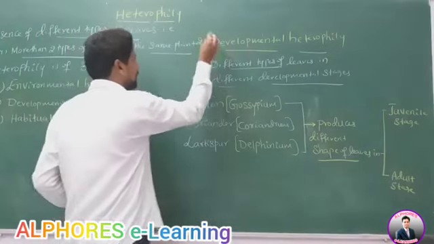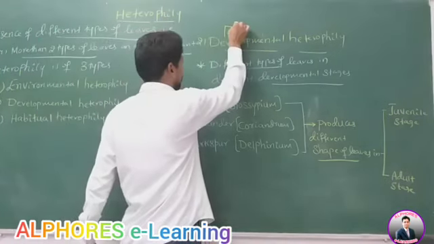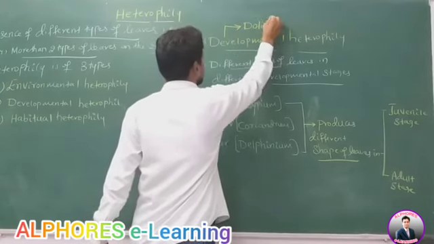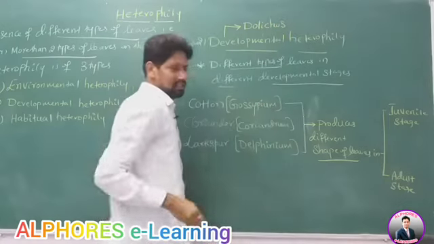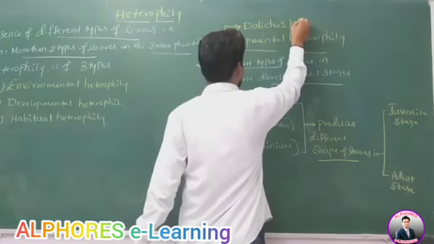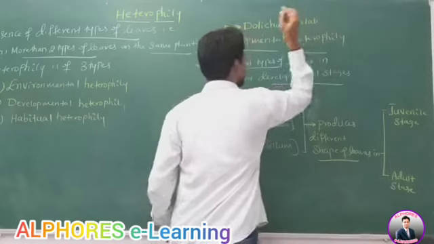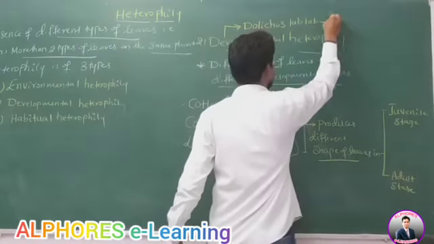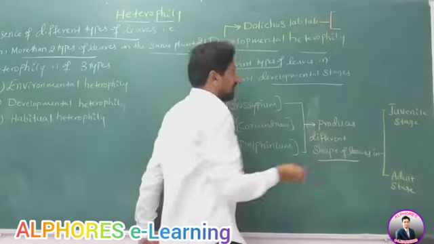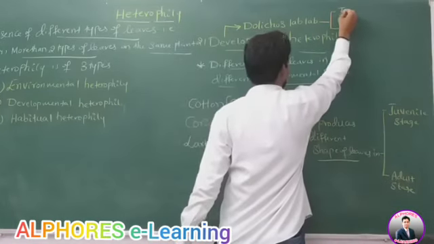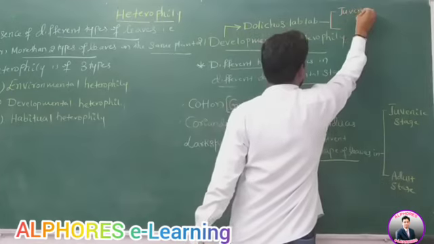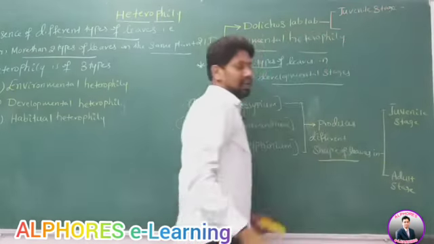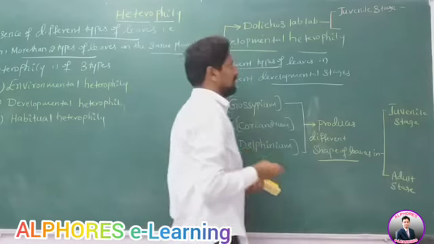For developmental heterophily, we can take one more example: Dolichos lablab. What's the plant name? In the case of the Dolichos lablab plant, in the juvenile stage, you are going to see simple leaves.